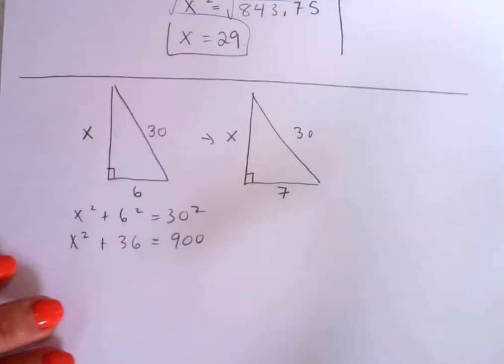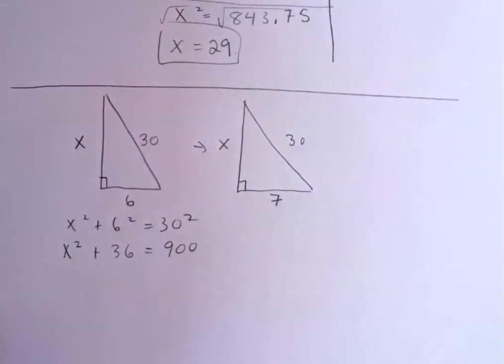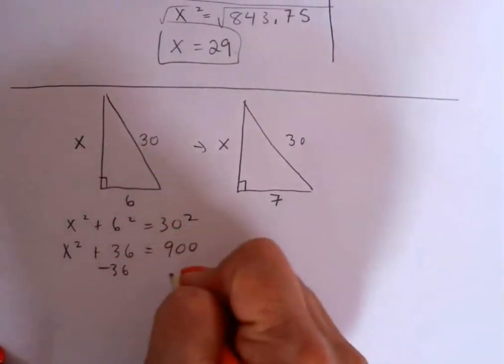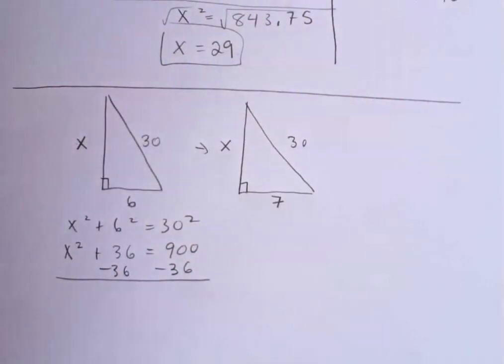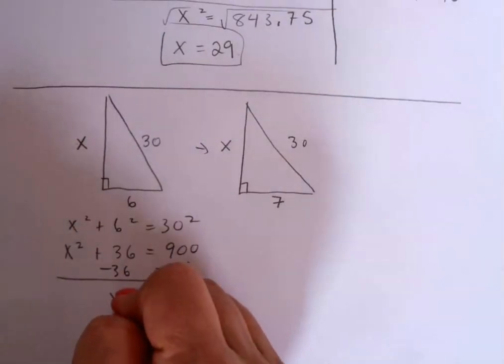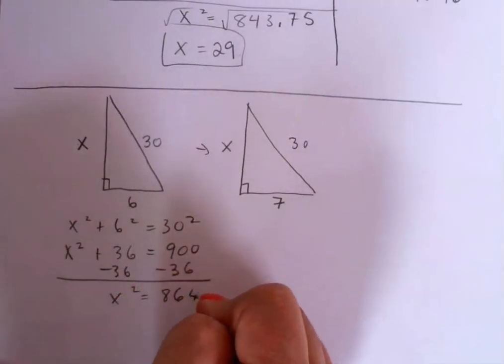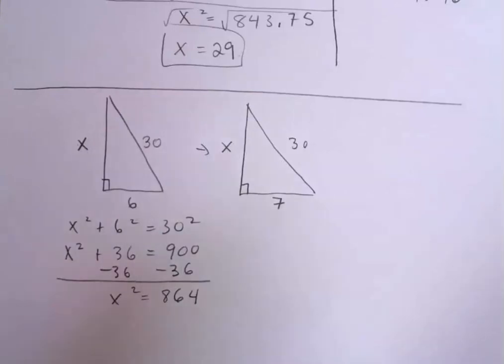Right, 6 squared is 36, 30 squared is 900. Go ahead and subtract. And now we need to take the square root.